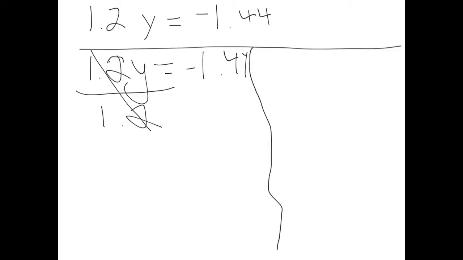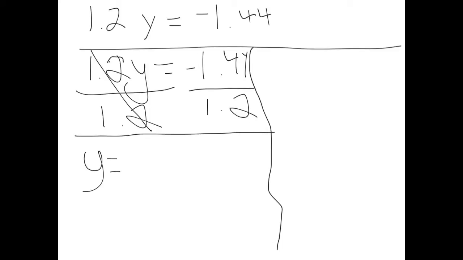This will cancel out. Negative 1.44 divided by 1.2 equals negative 1.2.